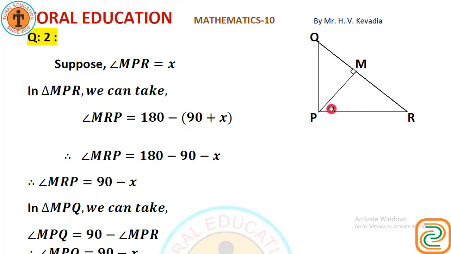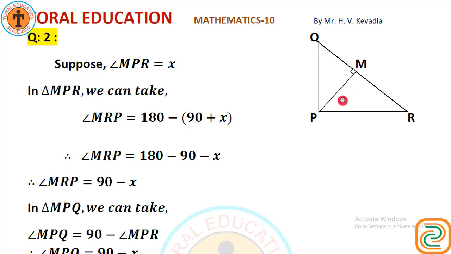Angle MPR is X. In triangle MPR, angle MRP equals 180 minus (90 plus X). Why? MPR is a triangle and the sum of all the angles is 180.